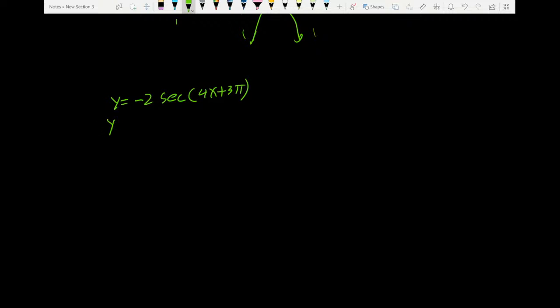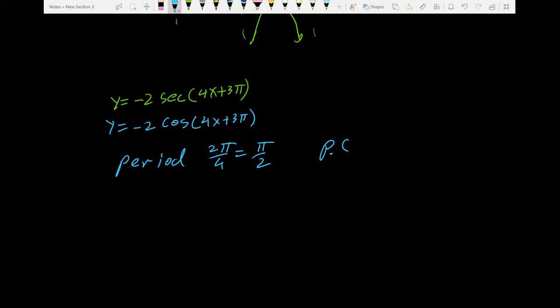So first we'll graph y equals negative 2 cosine of 4x plus 3 pi. What's the period? It'll be 2 pi over 4, which is pi over 2. What about the phase shift? Phase shift would be 3 pi over 4.